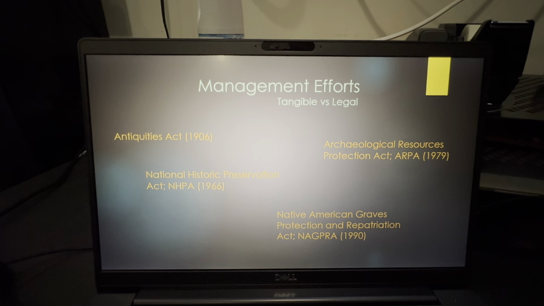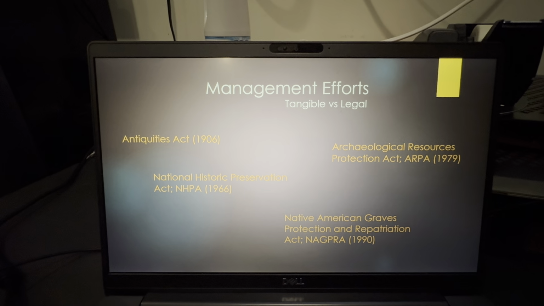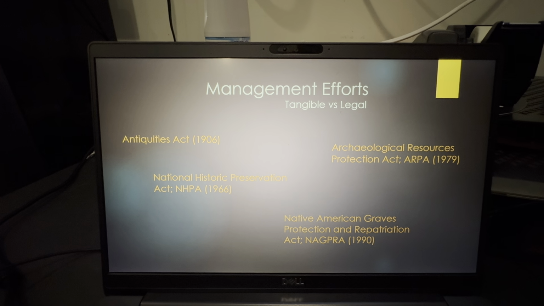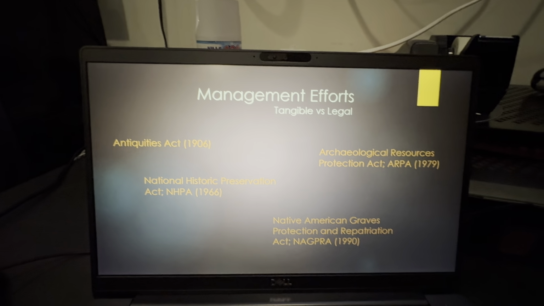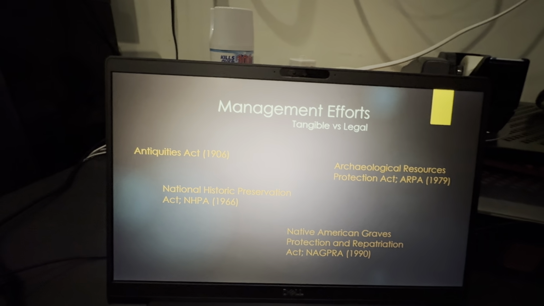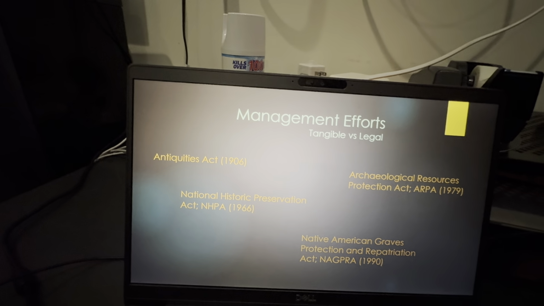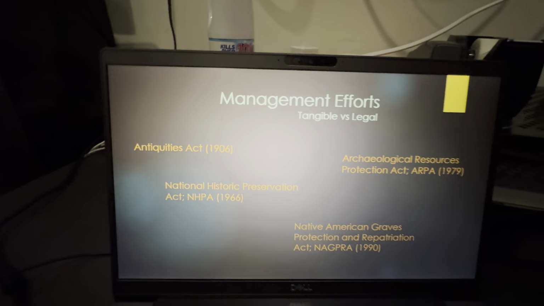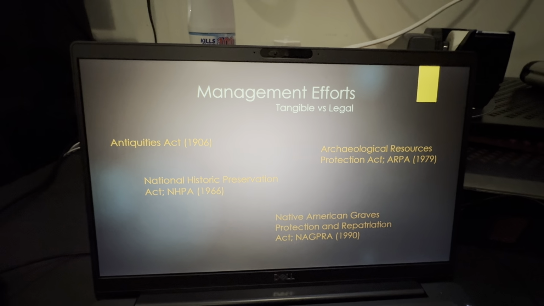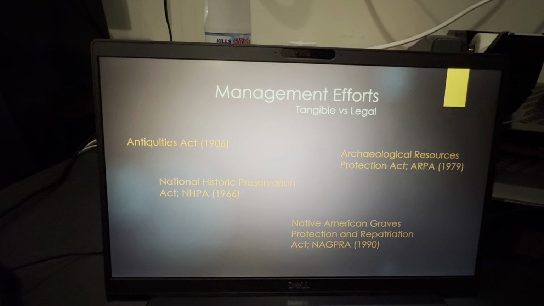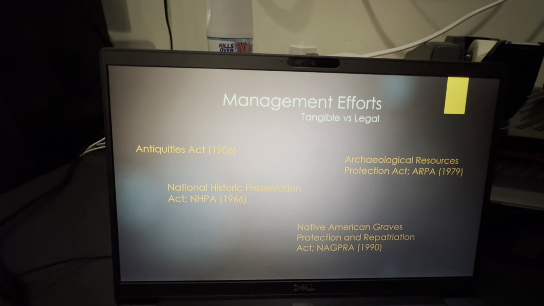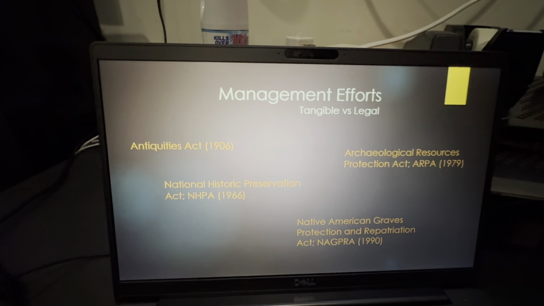This one was created to give more policy, so it created the Advisory Council on Historic Preservation. So that is like kind of a council that assists in policy making at the federal level, and it supports Congress as well.